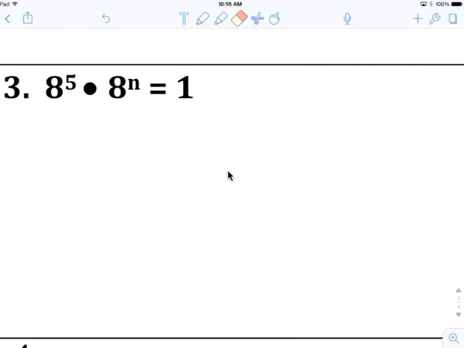Well, let's see. Make it equal to 1. Well, 8 to the 0 power is 1. So we get 8 to the n, 8 to the 5th. The key is this part right here. Change that with the same base.